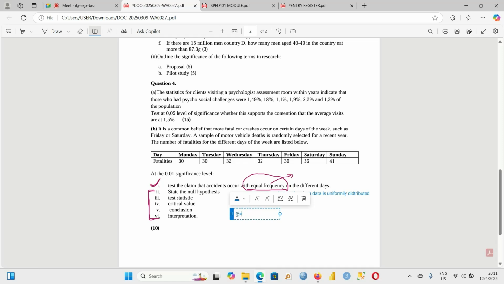So expected frequency equals the total of all the fatalities. Let me take my calculator. We are adding 30 plus 30 plus 32 plus 32 plus 39 plus 36 plus 41. I'm getting 240.